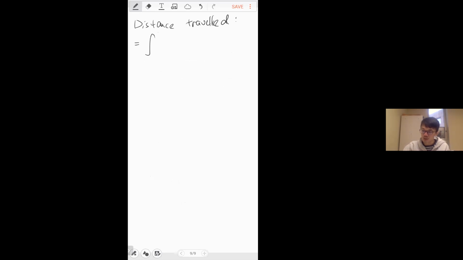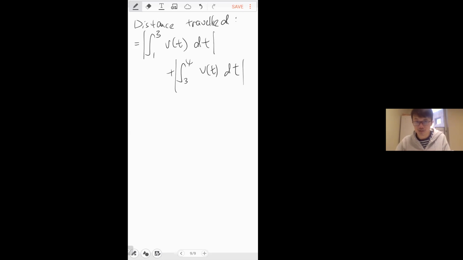The first one is from 1 to 3 of your velocity, and then the second part will be from 3 to 4. In order to make sure that both are positive, I need to put the absolute value on both terms.